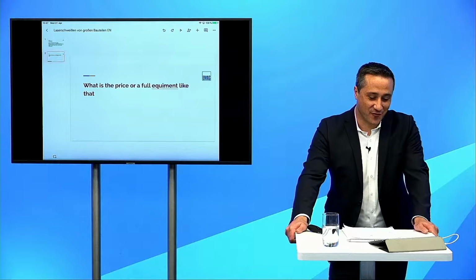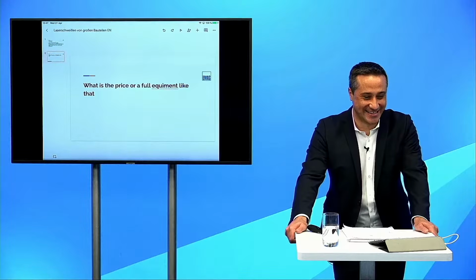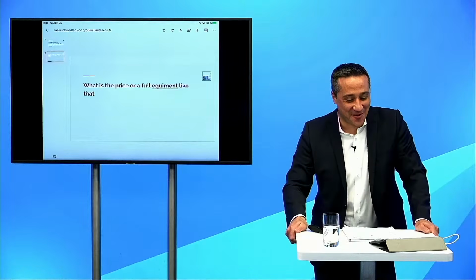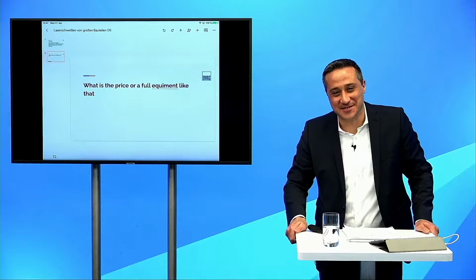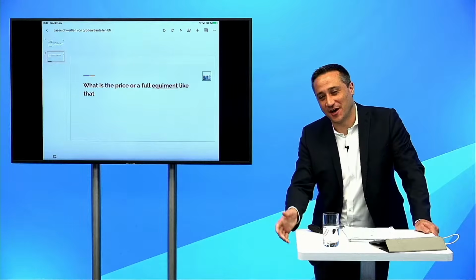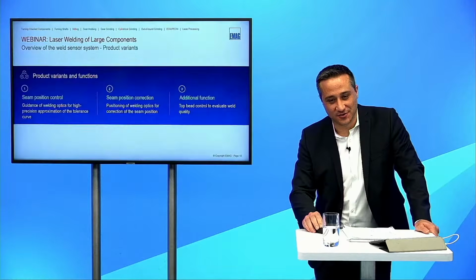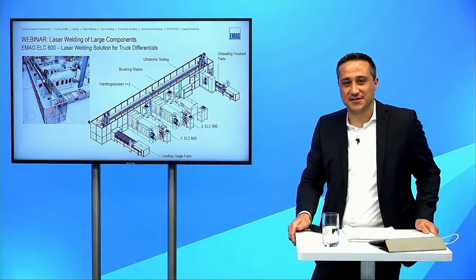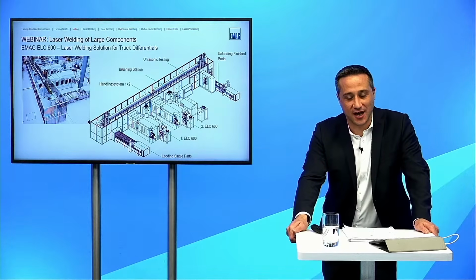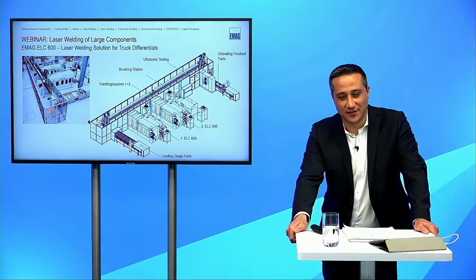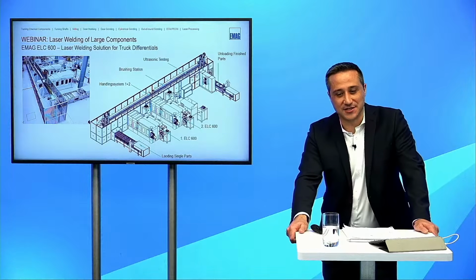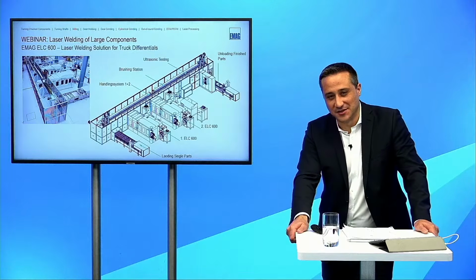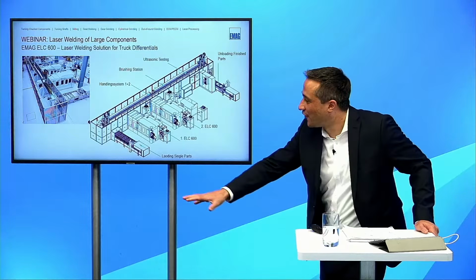What is the price of a fully equipped system like that? This is always a question I really like, but the answer is, as always, it depends. If I want to give you a feeling in this regard, such a fully automated system with 2 welding machines, highly equipped with a lot of different functions, depending on the laser source, but I would say approximately 2.5 to 3 million euro for the whole system.